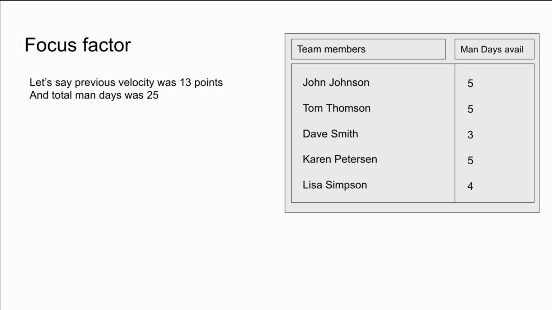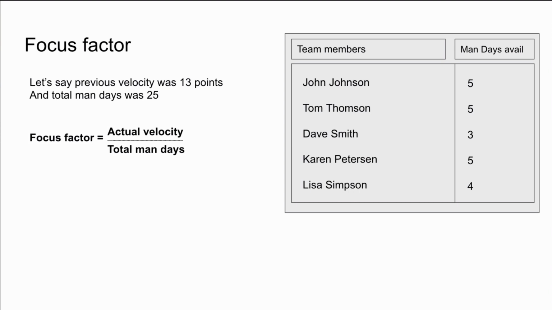Now let's say from the previous sprint that we had the 13 points, and we had a total of 25 man days from the previous sprint. We can then calculate the focus factor by dividing the actual velocity by the previous sprint's total number of man days that the team was available.